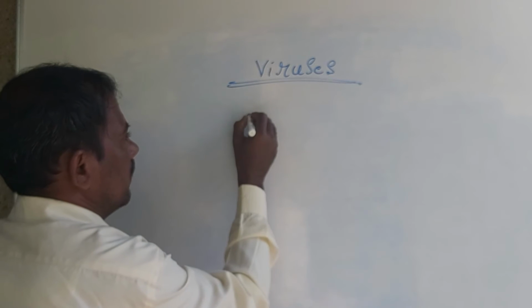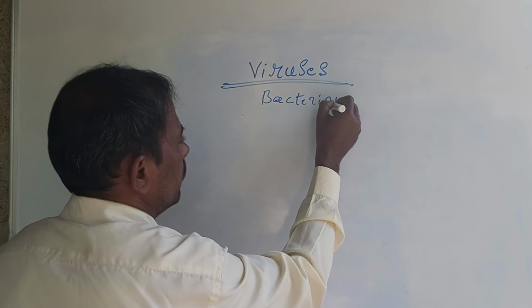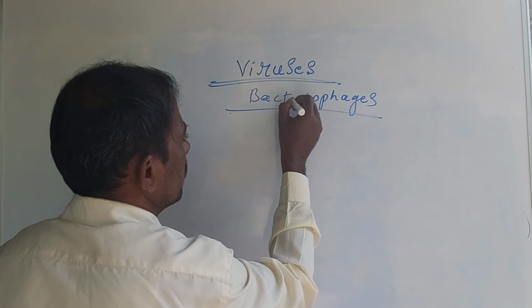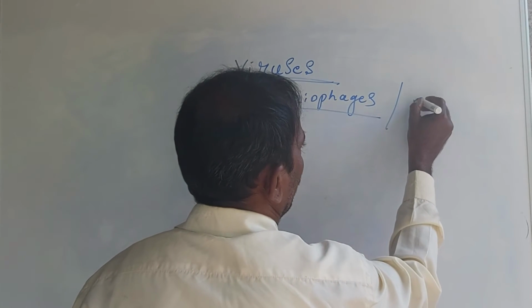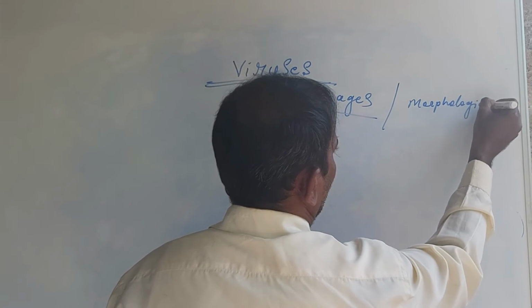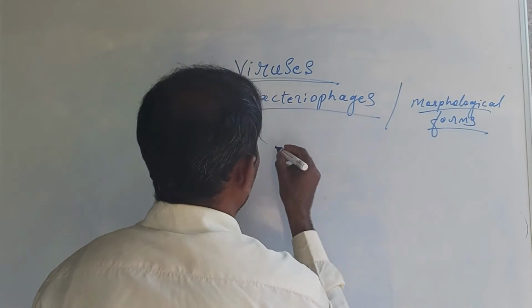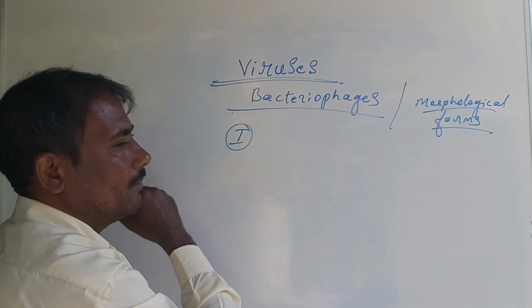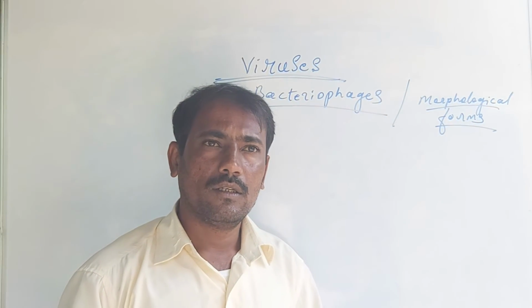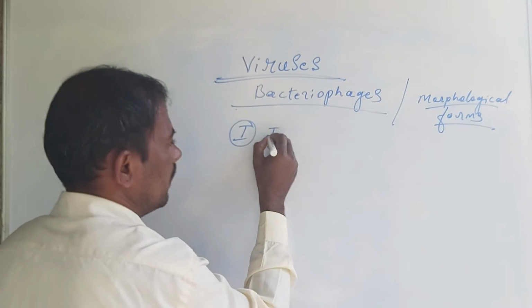Bacteriophages have different morphological forms. The first group of bacteriophages is icosahedral, or tailless bacteriophages.